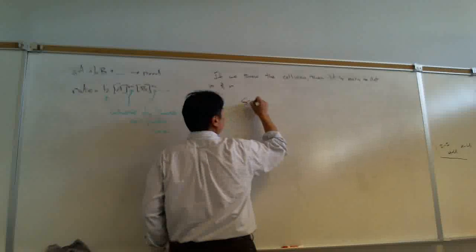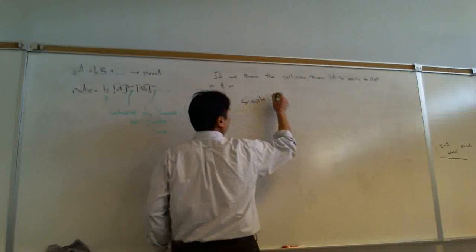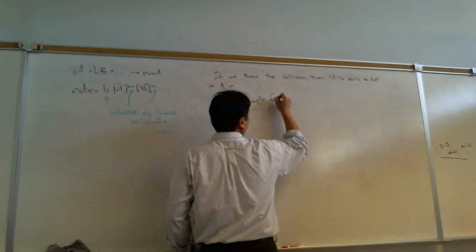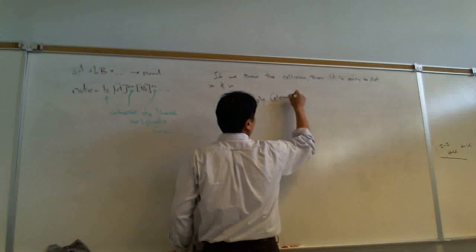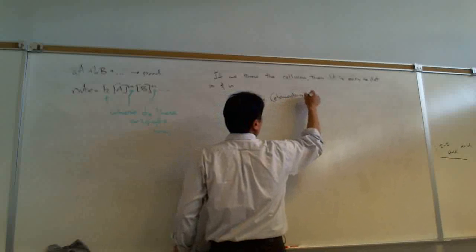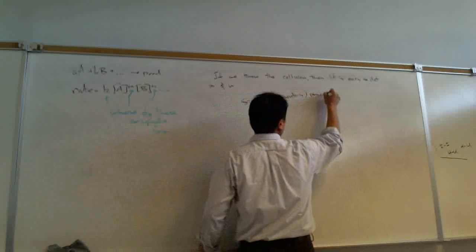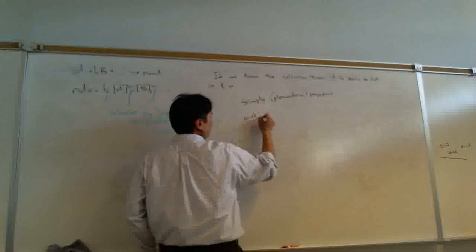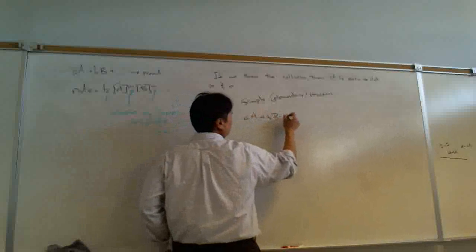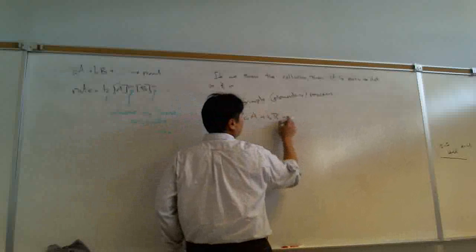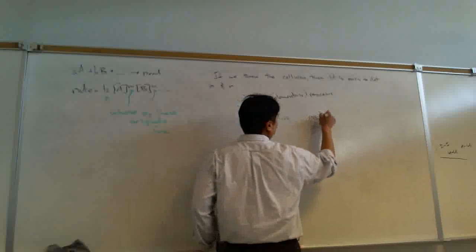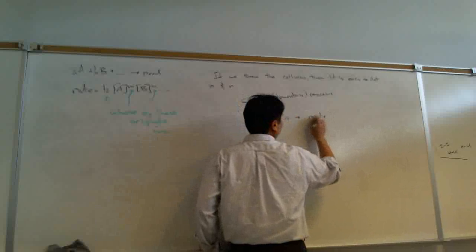If we have a simple or elementary process, then the rate law is just going to be based on the coefficients. So let's say I had aA plus bB, etc., goes to product.